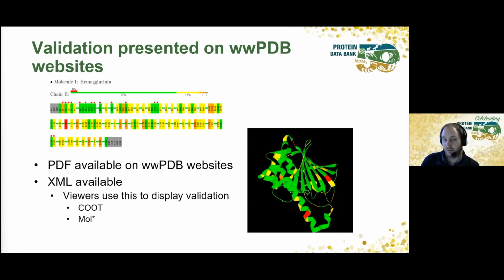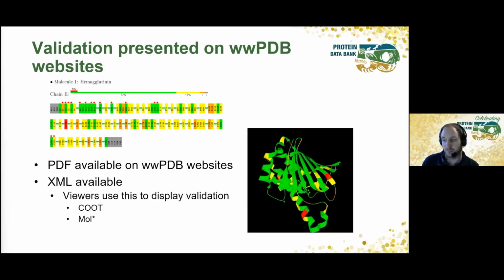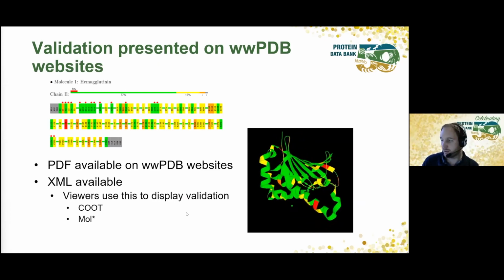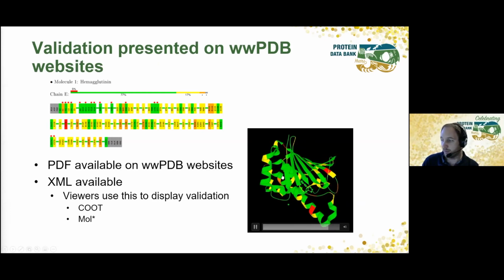We then present this data on the wwPDB websites. Here, it's actually in Lite Mol, but similar to the Mol* viewer that will be highlighted in the next presentation, we can see all the different colors which match to here. This is available in viewers such as Mol* and in external viewers such as Coot.